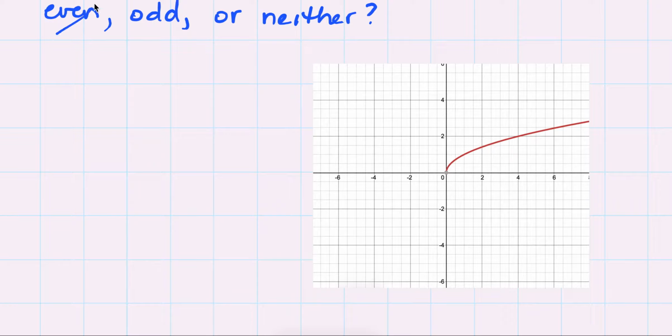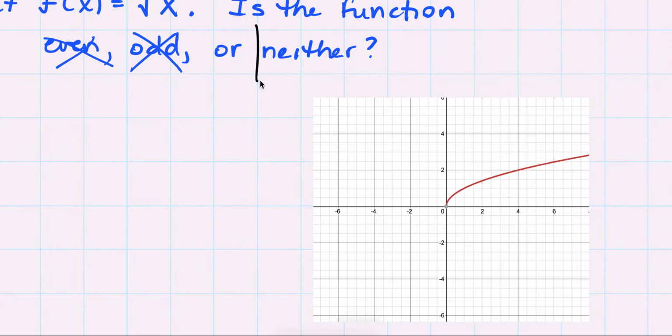So it's not even, and it's also not odd because it's not symmetric with respect to the origin. In other words, what we have here is not pictured down here. So it's not odd, which makes this neither even nor odd.